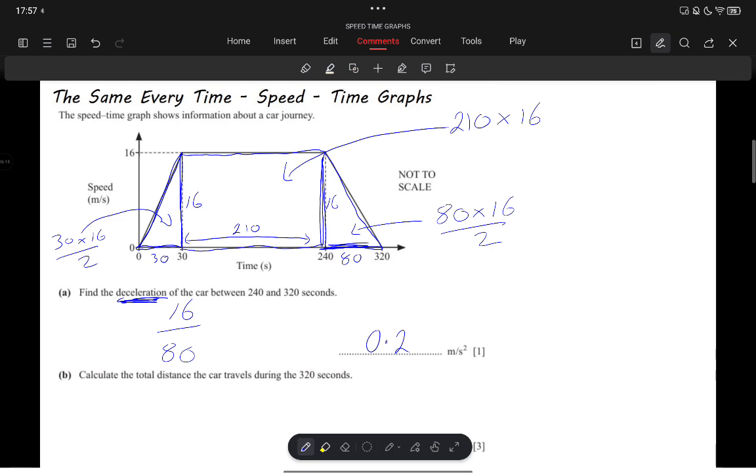So the total distance traveled is going to be the triangle 30 times 16 divided by 2, plus 210 times 16, and then plus the other triangle, 80 times 16 divided by 2.